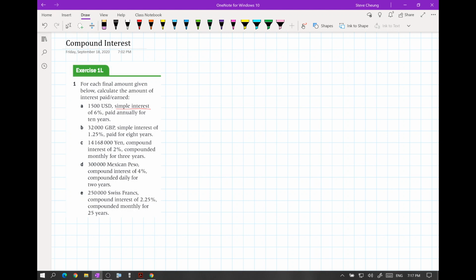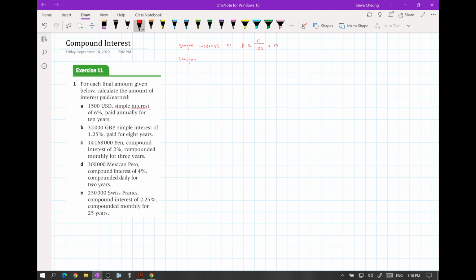Hello there. In this episode, I will go over the compound interest questions in exercise 1L. To start off, the simple interest formula will be the initial price times the rate of increase, which is your interest rate, times the number of years, usually.